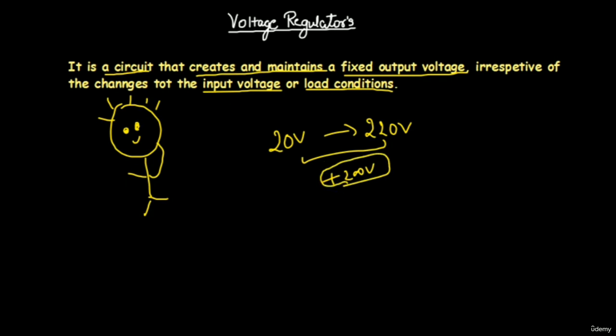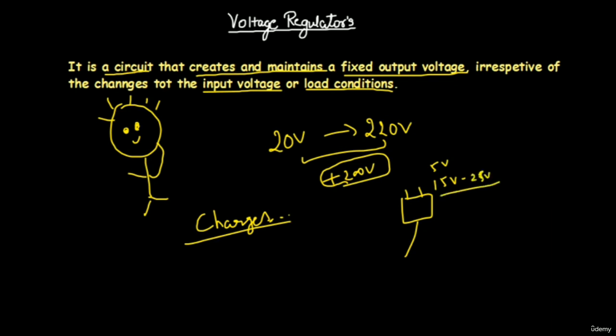Let me give you an example that you are using right now or will use very soon: chargers. Generally, a phone charger uses 5 volts to 15 volts, sometimes up to 25 volts at max in most cases.